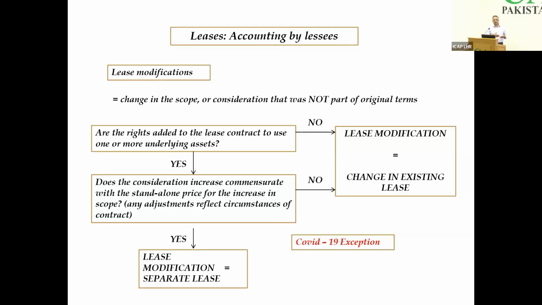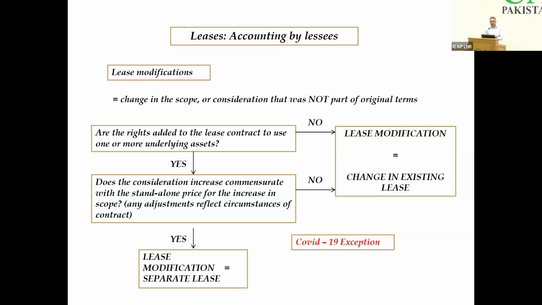So if there is an increase in the scope and the price for the increased scope is also based on the standalone selling price, then the additional part will be a new lease. Otherwise, in all circumstances, if there is a change in the price, a change in the lease term, or a reduction in the scope of the asset, that is basically a modification, and that will be part of the existing lease contract.